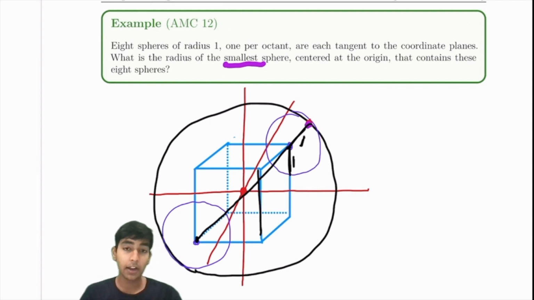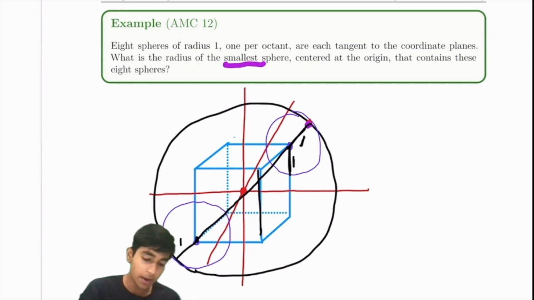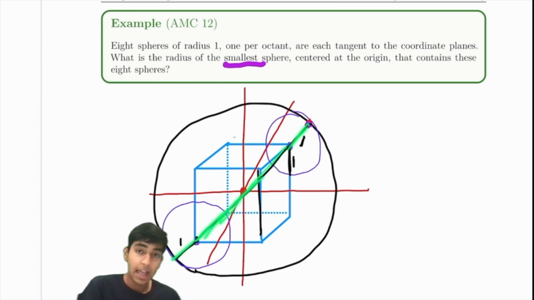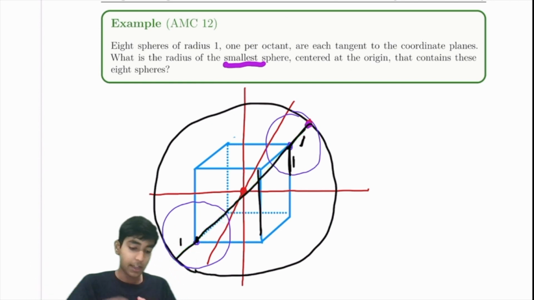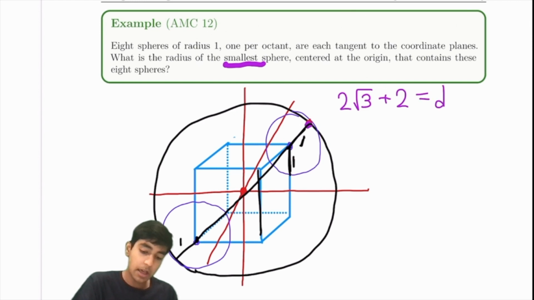And if the space diagonal of the cube is 2 root 3, and then we also have this part over here, which is just 1, then the total diameter is this part plus the space diagonal: 2 root 3 plus 1 on each end. That makes up the diameter of the biggest sphere. So 2 root 3 plus 2 is the diameter of the sphere we're looking for. It's the biggest sphere, but we're asking for the smallest.